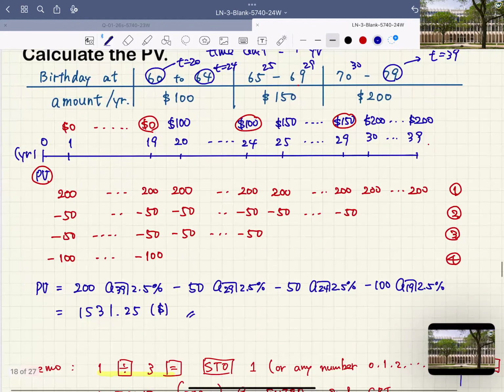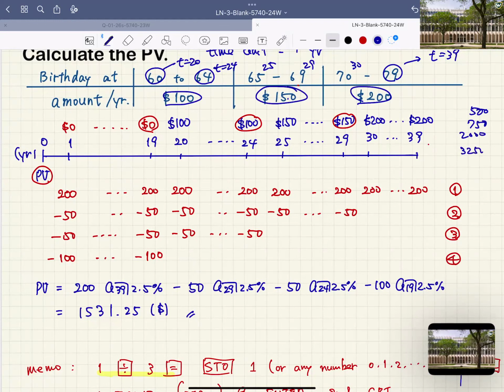Yeah, so in total, you will receive $500 for these payments, and you have 750 here, and you have 2,000 here. So you will receive this 3,250 in total.